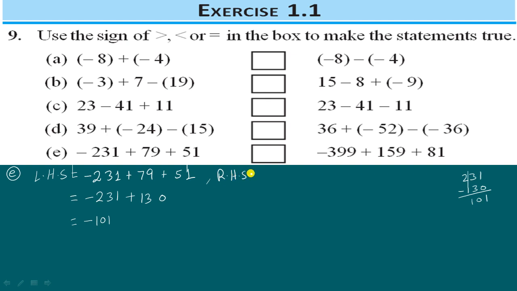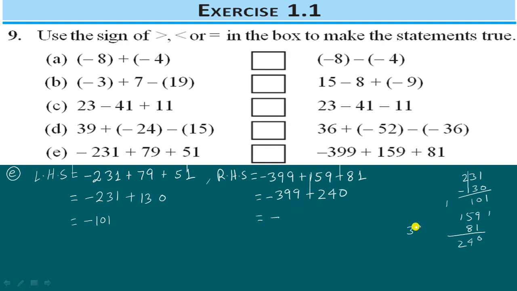And if we take the right hand side, then we are getting minus 399 plus 159 plus 81. Then we are getting minus 399 plus, we add this one, 159 and 81, you add it, 9 plus 1, 10, carry 1, it is 0, 8 plus 1, 9, 9 plus 5, 14, carry 1, it is 4, 1 plus 1, 2, 240.